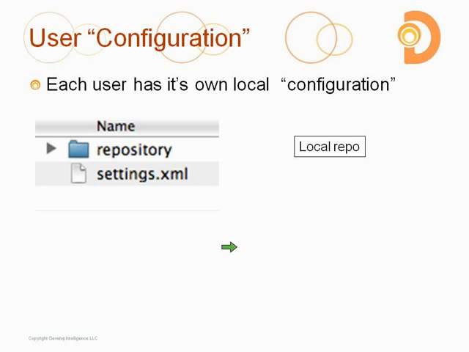So, for example, I could have one project based in Maven that relies on JUnit 3.2.1, and when I use Maven to manage that build, it's going to download JUnit 3.2.1.jar and store it in the repository. Then I could have another project, Project B, that also relies on JUnit, but version 3.2.3.